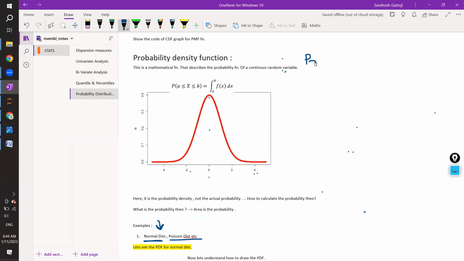It's a probability density. Whatever area you take is actually called a probability density. You can say it as probability, but technically it is called the probability density.